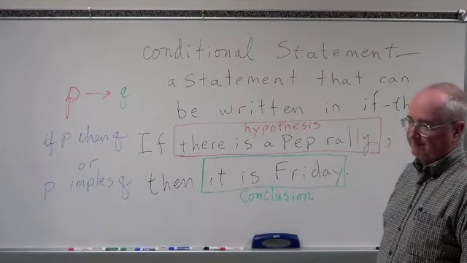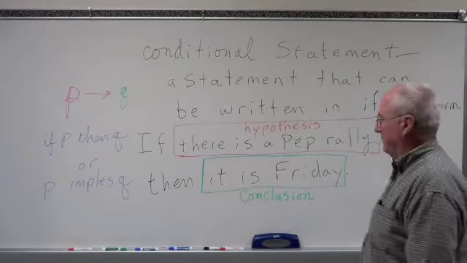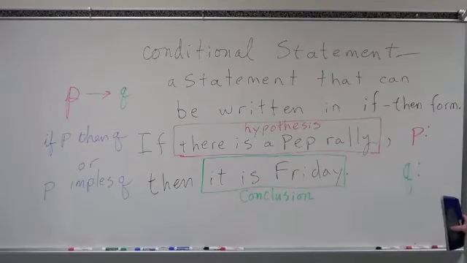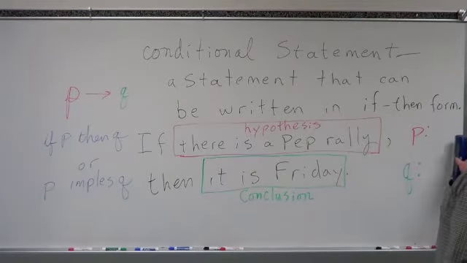All right? So let's play with it a little bit. Talk about it, mess it up a little bit, go from there. You can also come up with and use truth tables with them.